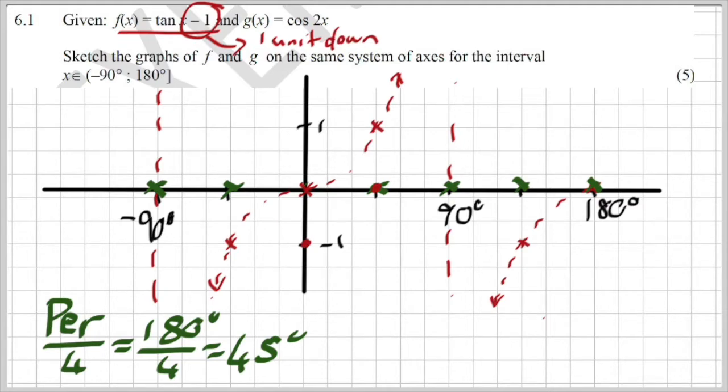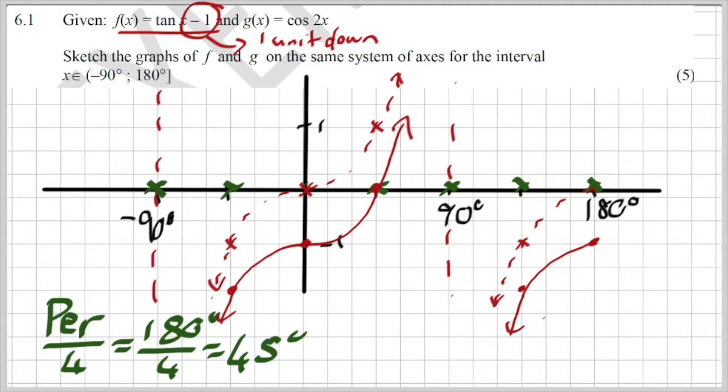The 1 at 45 becomes 0. And the -1 at -45 becomes -2. So this means my graph is like that. Every single set of coordinates is just moved 1 unit down. Okay, that is relatively straightforward and simple.